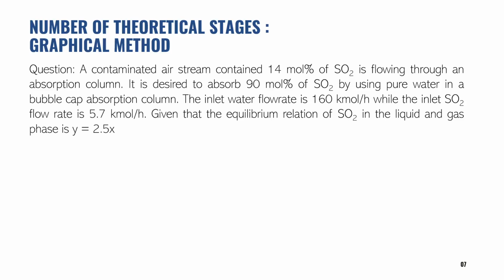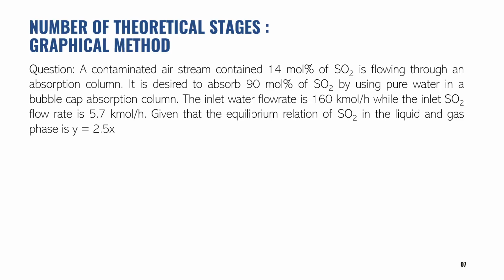So the gas flow contains air and SO2, two different types of gases in one gas phase. And out of the 14 mole percent of SO2, 90% is going to be separated from the gas stream by using pure water flow.